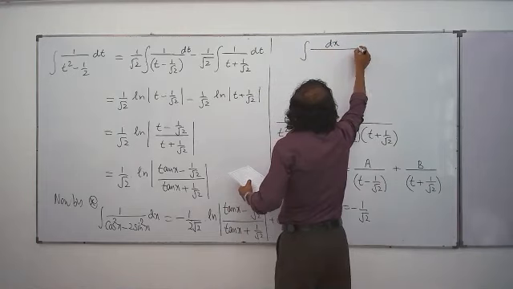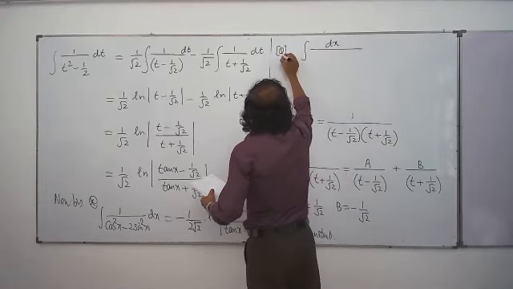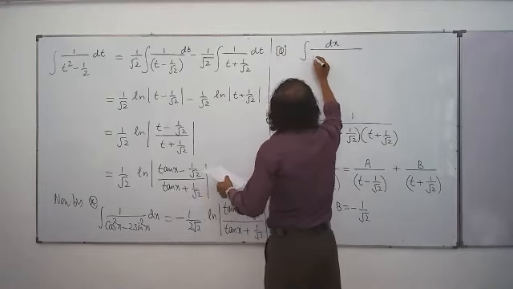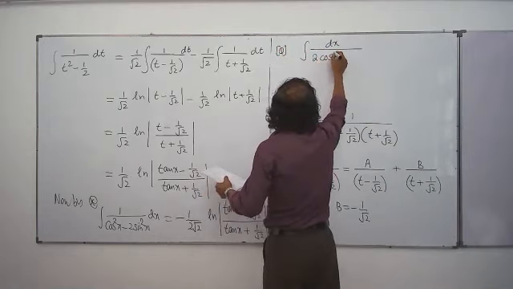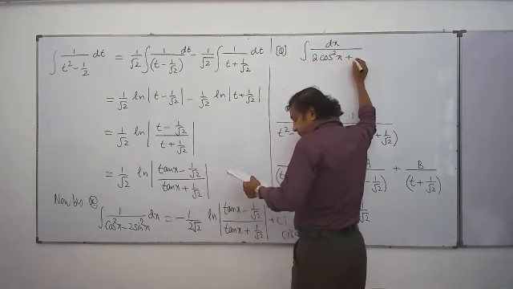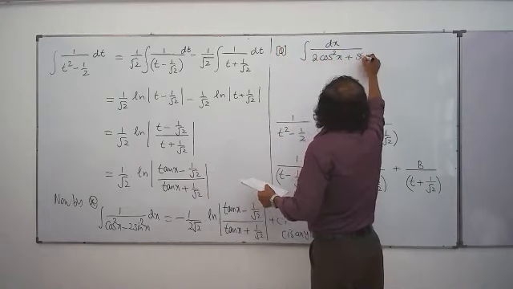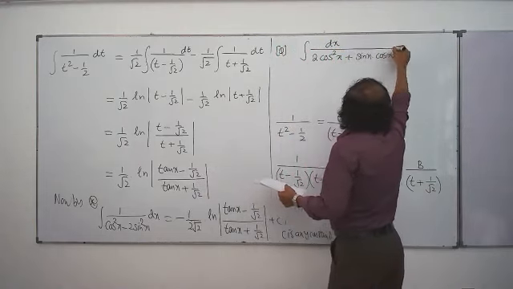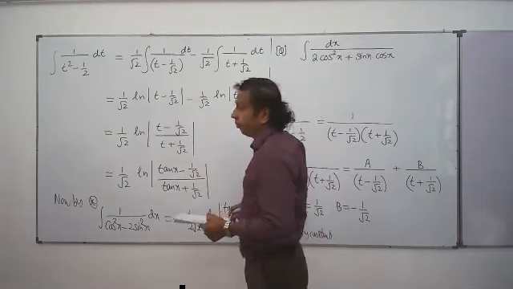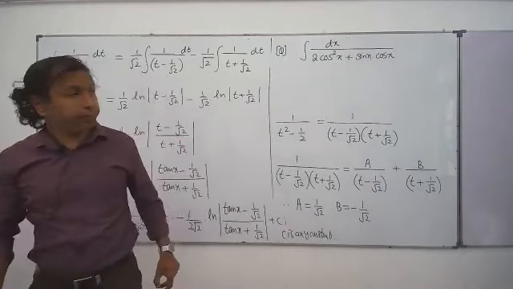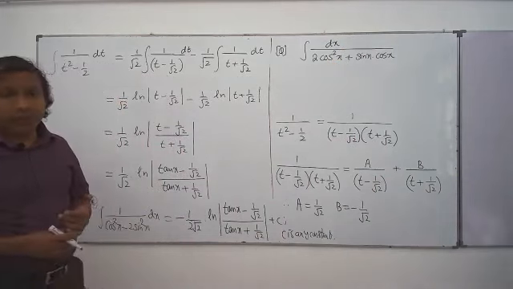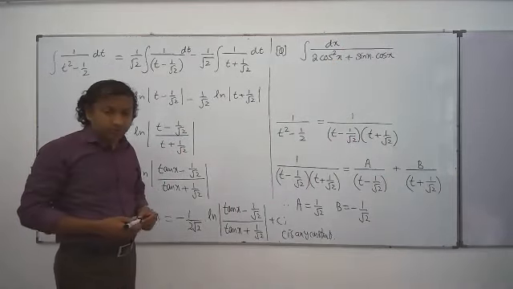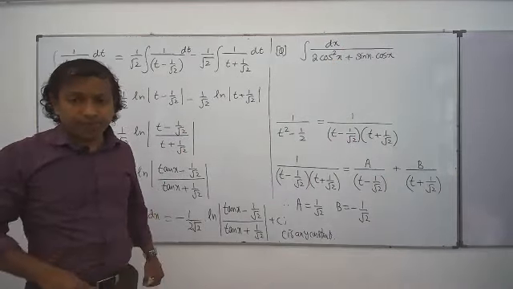Dx upon 2 cos squared x plus sin x cos x. Right. Here also divide both the numerator and denominator by, people, cos squared x and apply the substitution t equals tan x. Right. Take this answer.